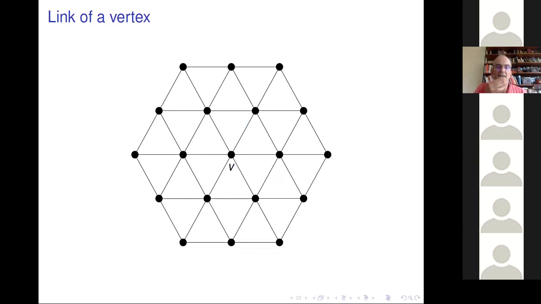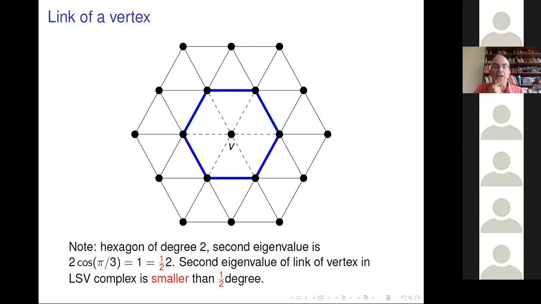Now, in this particular simplicial complex, the simple one, which is really the triangular tiling of the plane, the triangular lattice, if you will. The link of a vertex is a hexagon, if you remember the definition, and the hexagon is a graph whose second eigenvalue is exactly half the degree.